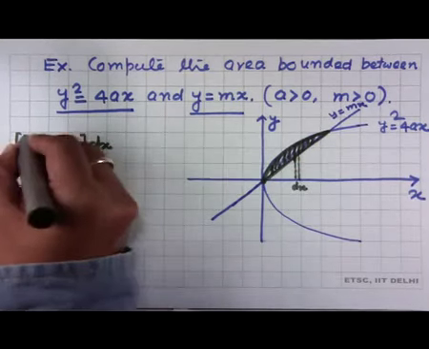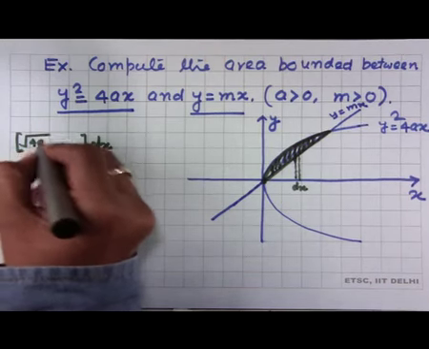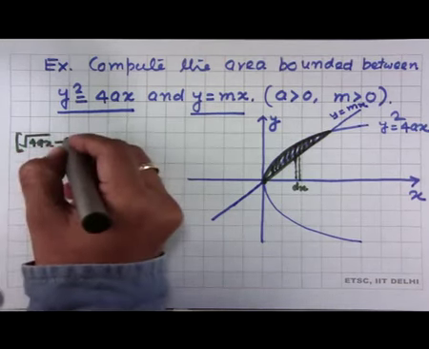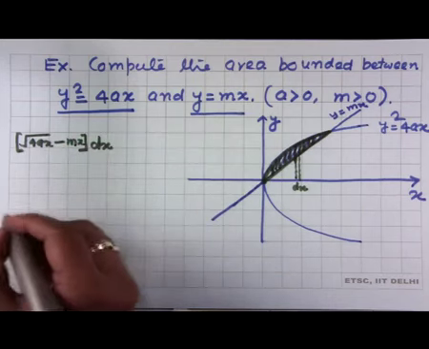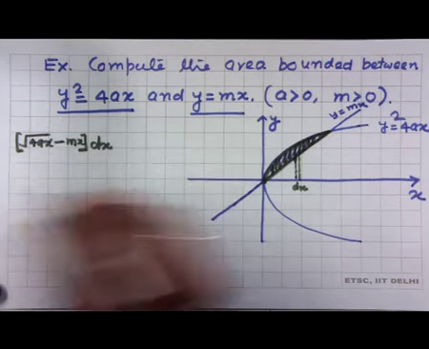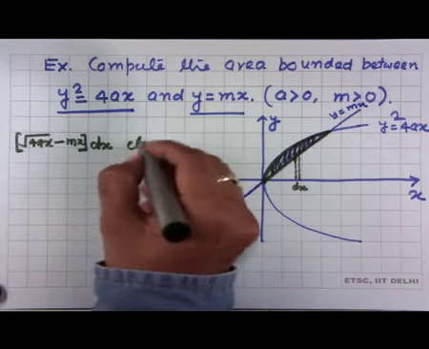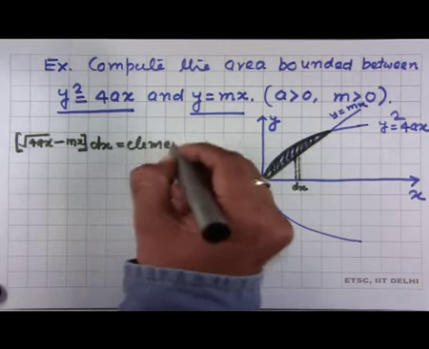So, we get under root 4ax minus mx, as this is our elementary area.